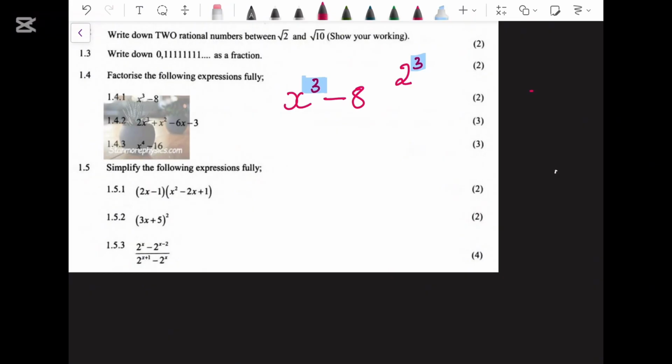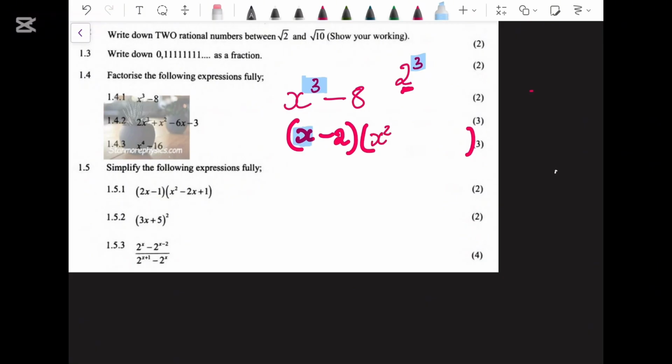To factorize the difference of 2 cubes, we are going to have x minus 2. Then to find the very first term in the second bracket, we square x, which gives x squared.